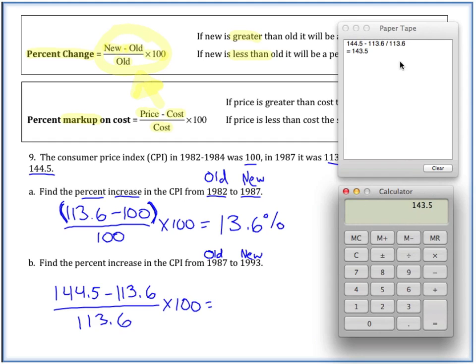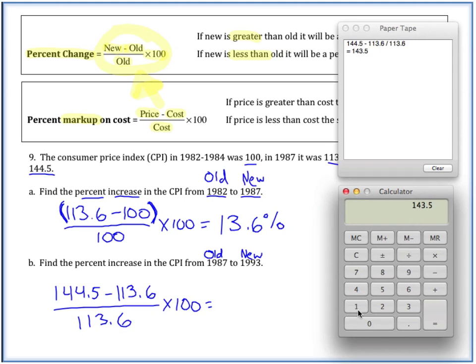You can see right here that what happened was we got 143.5, which is just one less than 144.5. If you don't use parentheses, the calculator will actually do the division problem first. So 113.6 divided by 113.6 is just 1. And then it does 144.5 minus 1 to get this.